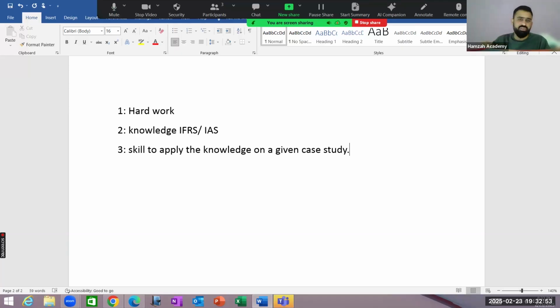Now, one mistake which students usually make, and the examiner frequently tells us through their examiner reports, is that students, while answering the question, go into too much detail. Even the student is discussing knowledge which is not required in a particular question.